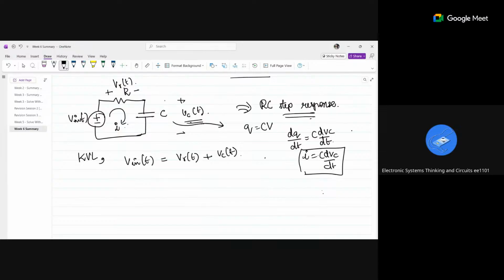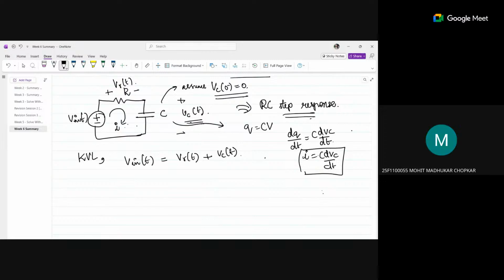Also, this capacitor, I will assume, is initially charged at 0. Capacitor can store energy, right? So we are assuming that initially the charge stored in the capacitor is 0. The voltage across it is 0.